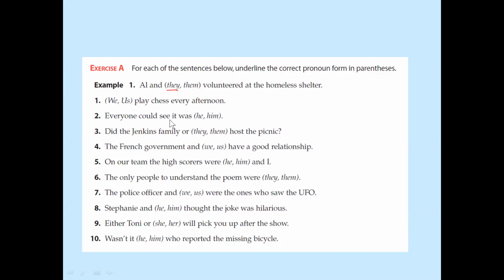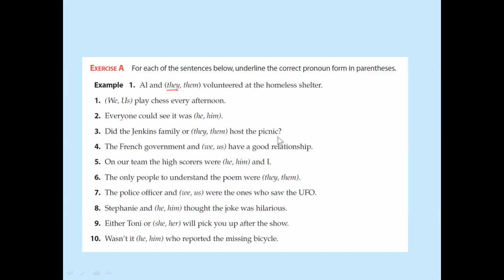Everyone could see it was, don't tell me him. Don't tell me him, because it's after a linking verb and it renames who it was. So he. Number 2, he. Did the Jenkins family or they, them host the picnic?